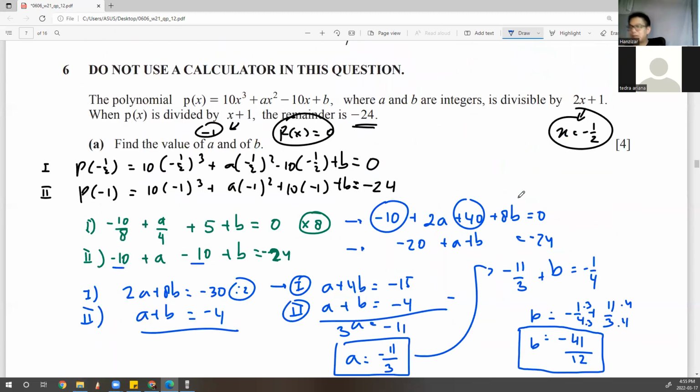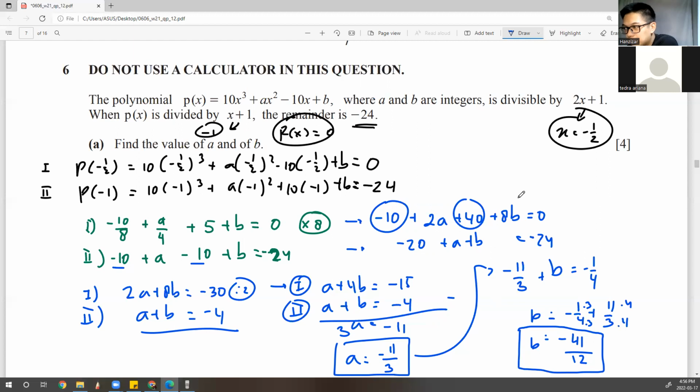The polynomial 10x cubed plus ax squared minus 10x plus b equals 0 because it is divisible. And px divided by x, so if you put x as negative 1, the remainder is negative 24.